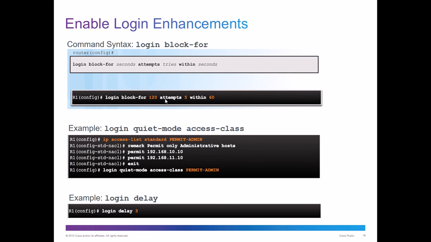Now, what happens if somebody gets locked out? You can increase this block to hours if you want to. And if you are the administrator, you want to get in there and still do some work, but everybody else will be blocked. So what you want to do is say login quiet-mode, which means during the block, whoever is permitted in this access list is able to log in.